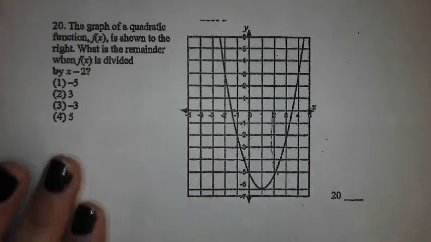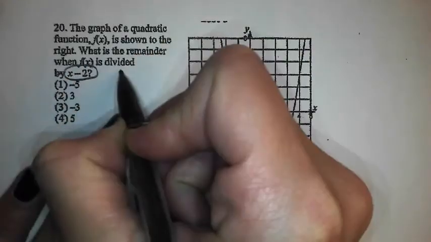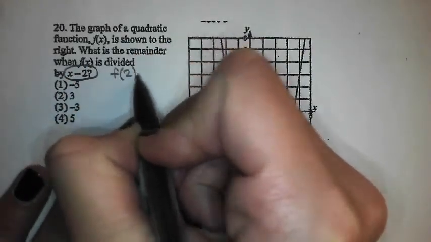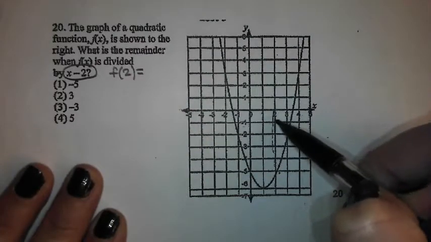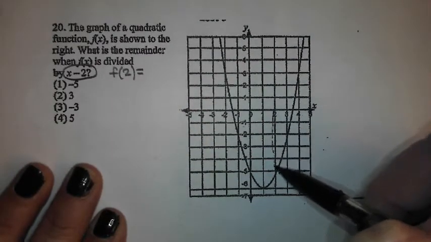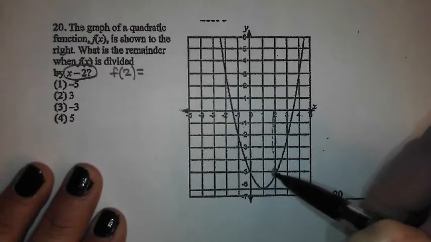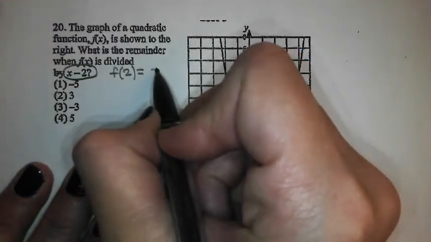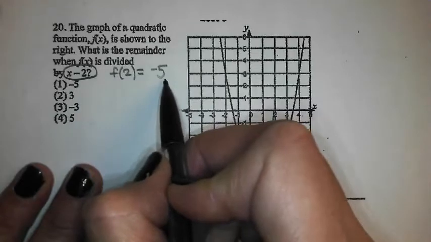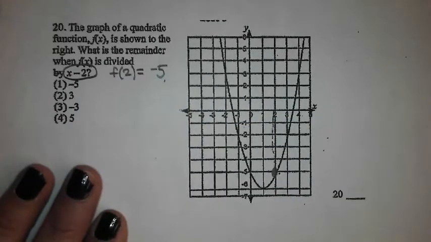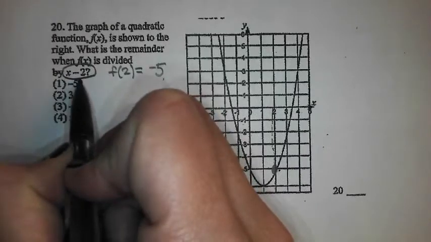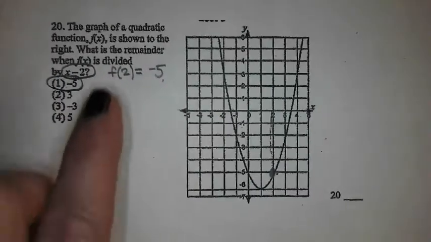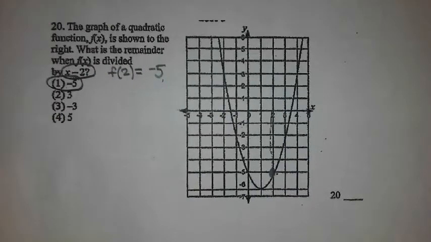If we're dividing by x minus 2, we're kind of checking f of 2. And if you look at f of 2, which is negative 1, negative 2, negative 3, negative 4, negative 5, that's the remainder we would have gotten, and hence that's the point on the graph. So option 1. They phrased this so the people who didn't want to learn the remainder theorem, who decided, nah, I'll just do long division every time to see what the remainder is, they make it impossible here.